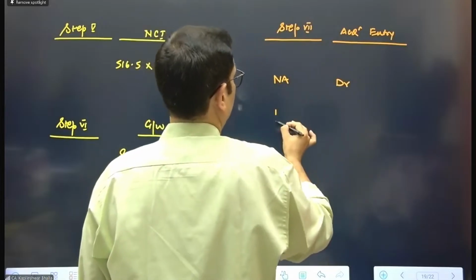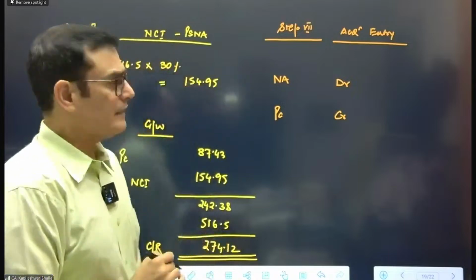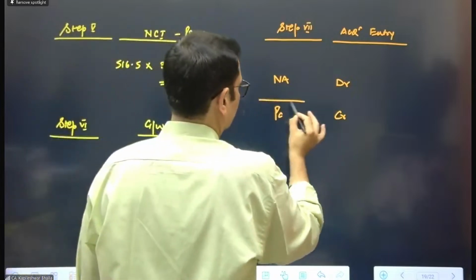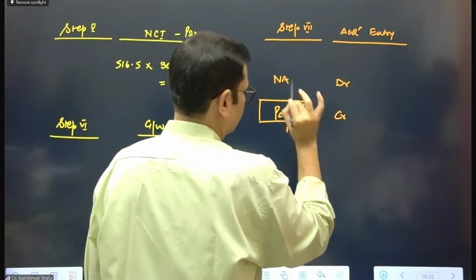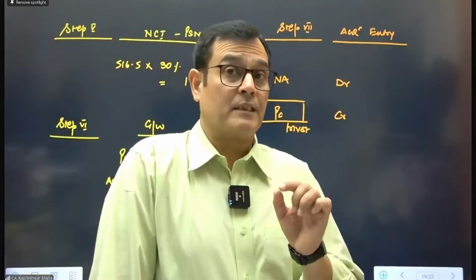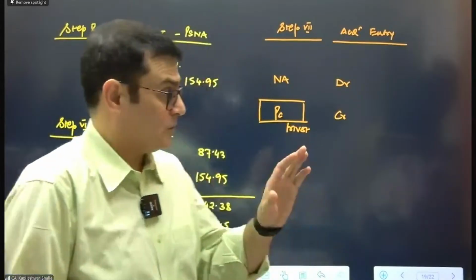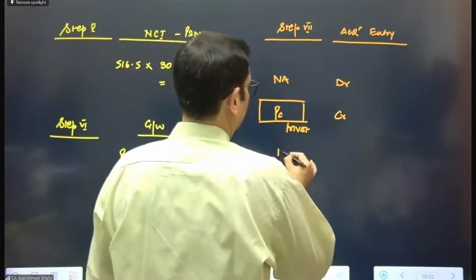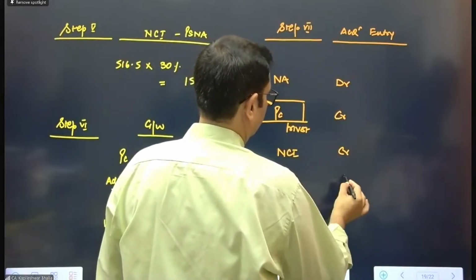Net purchase consideration gets a credit. Technically, instead of the purchase consideration, I should be recording investment credit. Correct. I'll tell you something more later. But instead of saying PC, it should be investment credit. I'll give you the logic also very shortly. Then we've got the NCI credit, and we're getting a capital reserve credit.